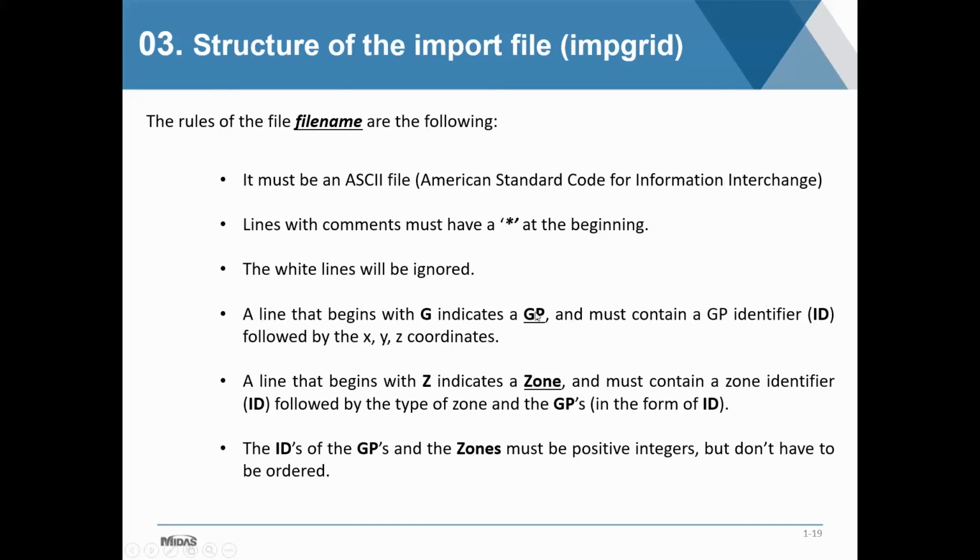You see a code G that indicates a grid point, and this must be followed by an identifier, basically grid point number 1 or grid point number 10, and then its XYZ coordinate location. If you see a line with C, it indicates a zone, and it must also have an ID identifying it, as well as what type of zone it is and the information about the grid points it's composed of. And these must be positive integers.